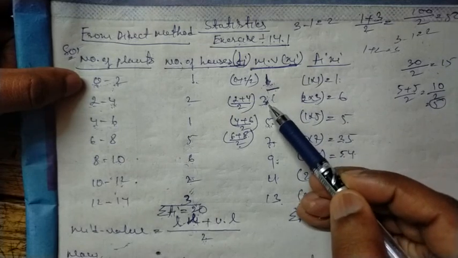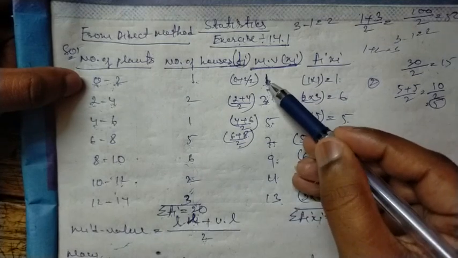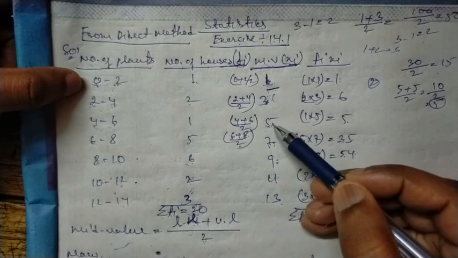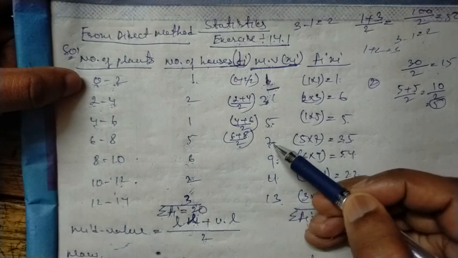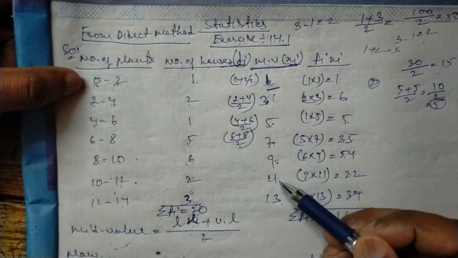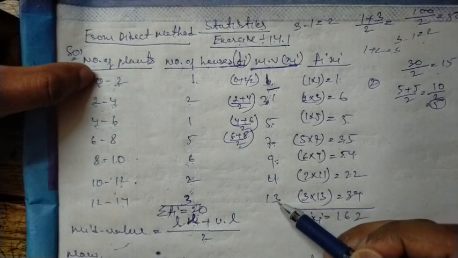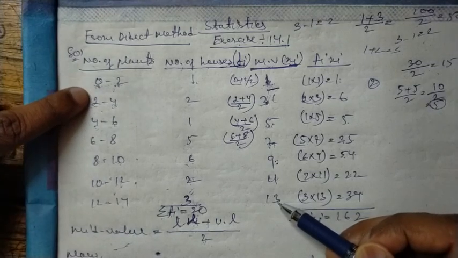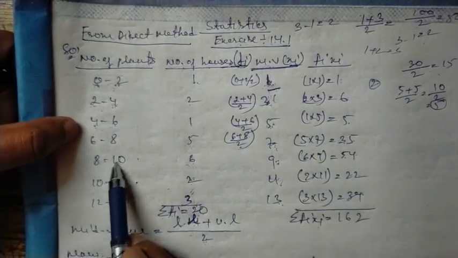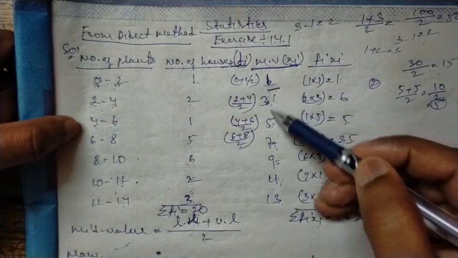So you add 2 to each value. 1 plus 2 is 3, plus 2 is 5, plus 2 is 7, plus 2 is 9, plus 2 is 11, plus 2 is 13. Since the mid values differ equally in each class interval, you don't have to calculate the mid value again, you just add that number to every value.